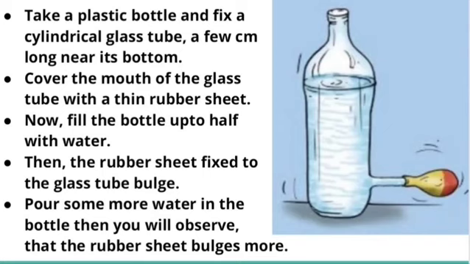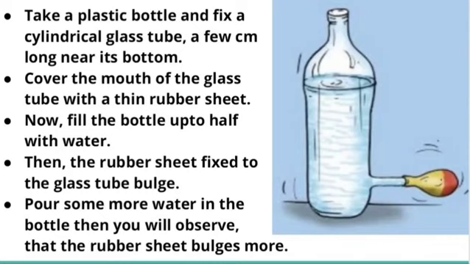You can take a soft drink bottle and fix a few centimeter long cylindrical glass tube near the bottom of this bottle. You can do so by slightly heating one end of the glass tube and then quickly inserting it near the bottom of the bottle, and make sure that the water does not leak from the point.